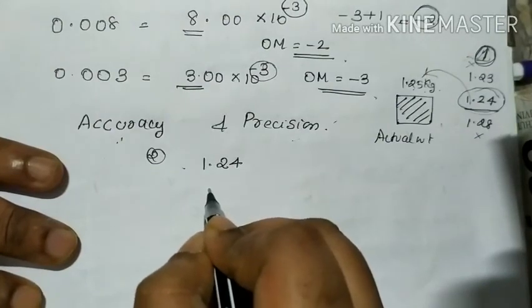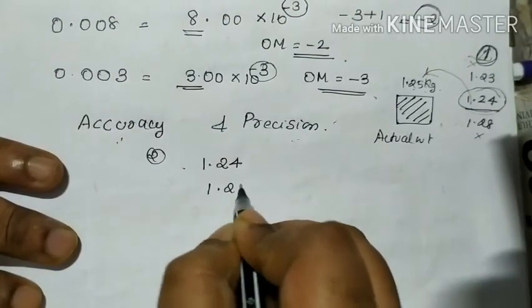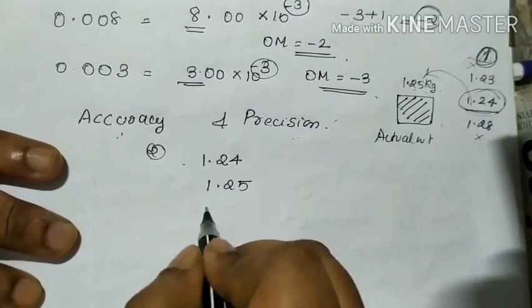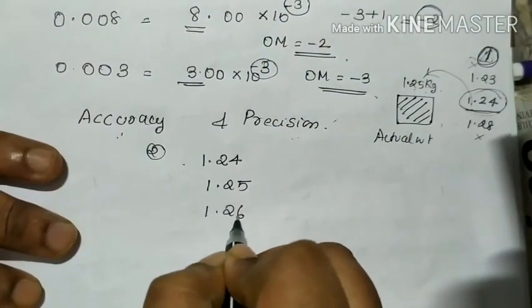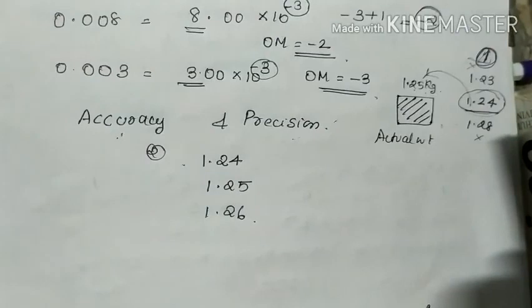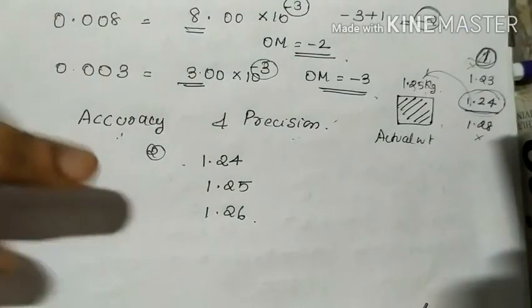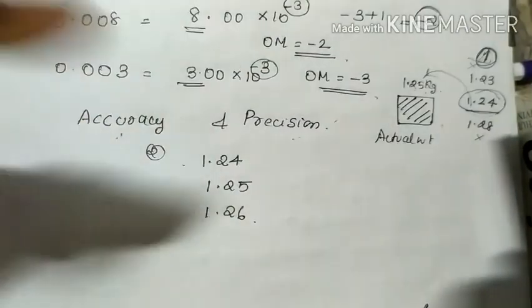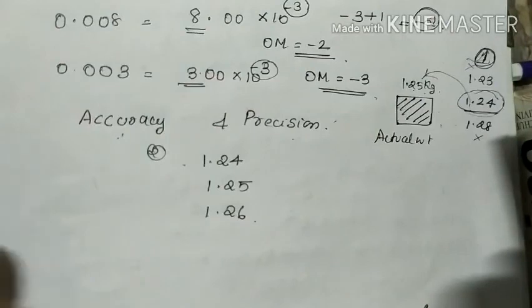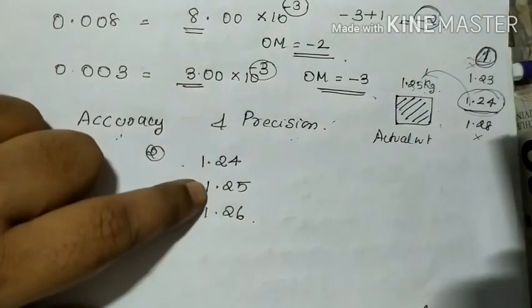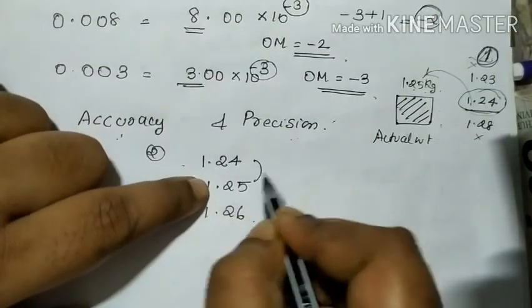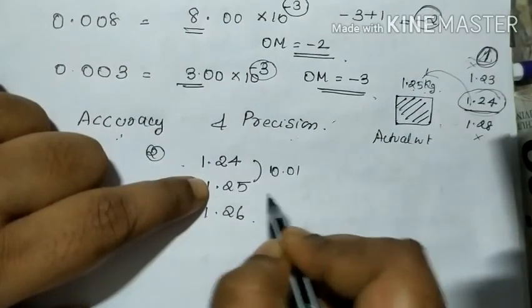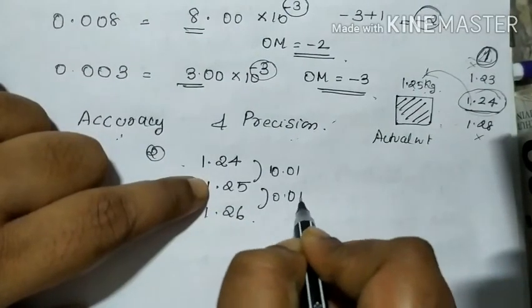Then it had 1.25 kilogram, and then it had 1.26 kilogram. See, this is the measurement taken by my brother, or your brother whatsoever. So when he found, see the difference, 0.01, 0.01, right?